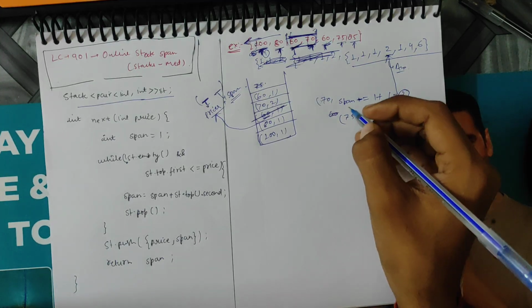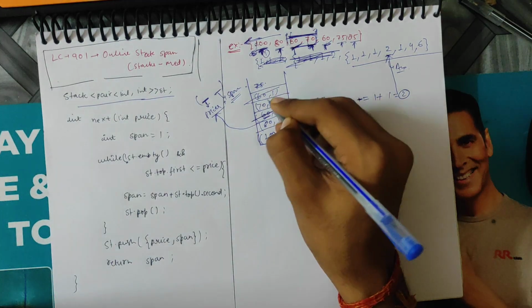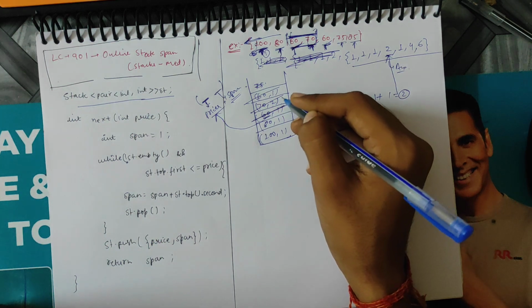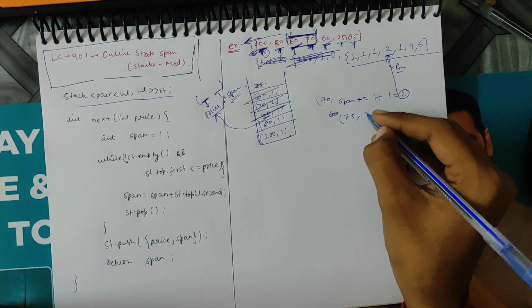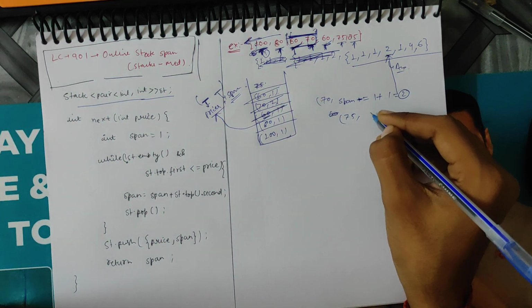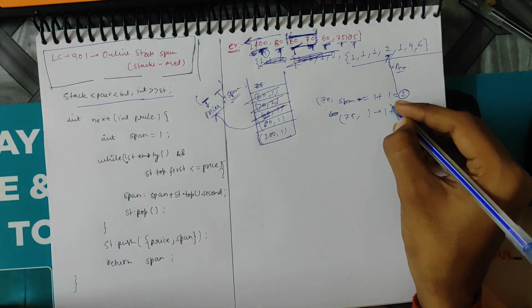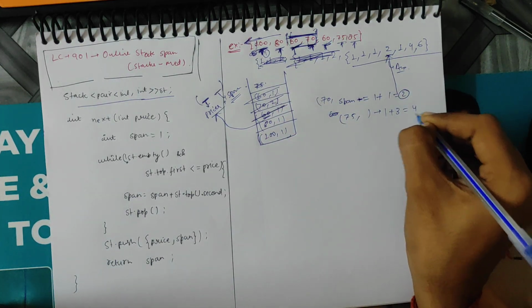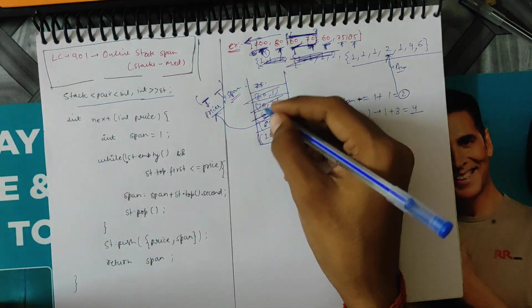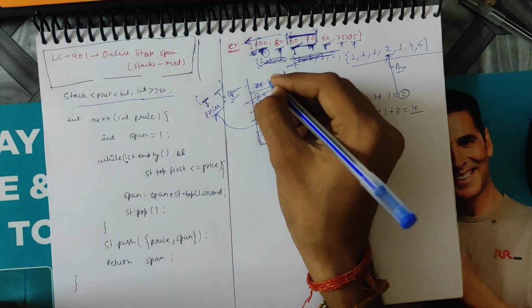So for 75 we pop these elements out because these are lesser. How many elements? 1 for 75 itself, and 1, 2, 3 in total, so we have 4. So after popping these elements out, we store 75 comma 4.